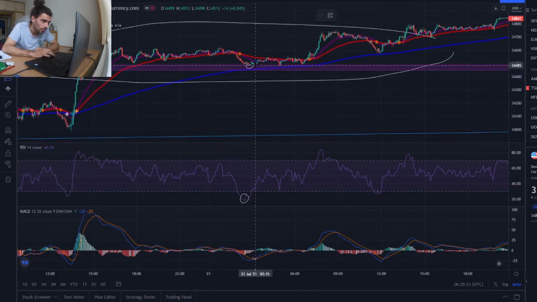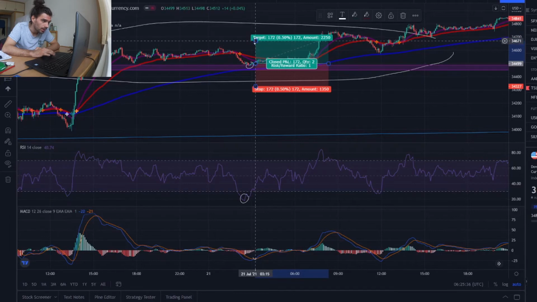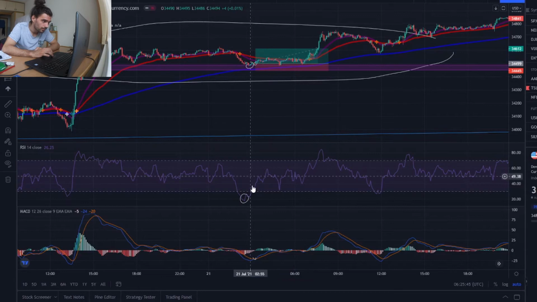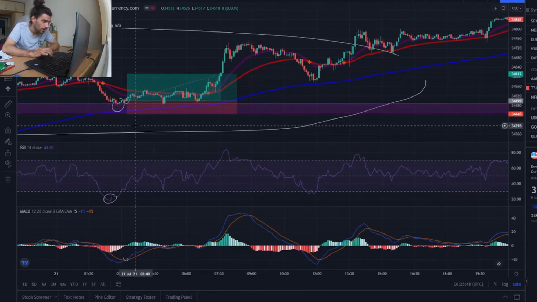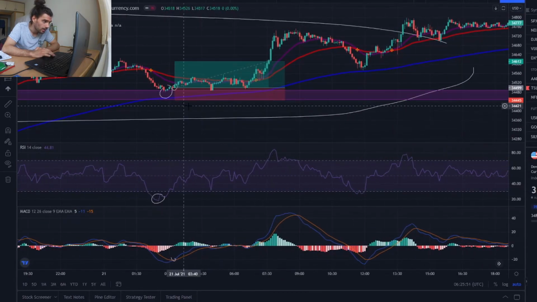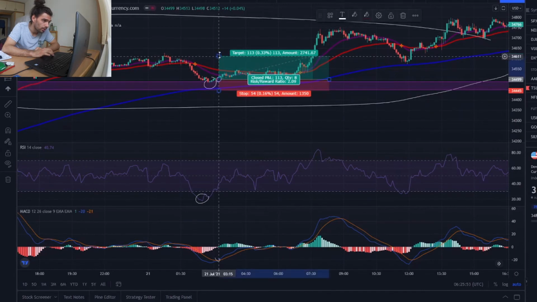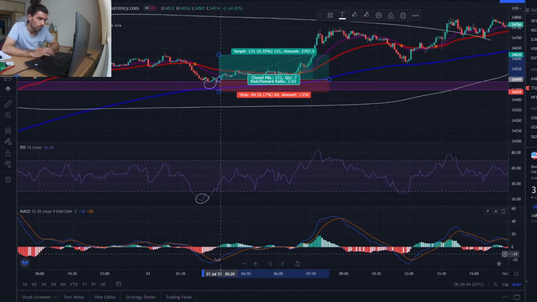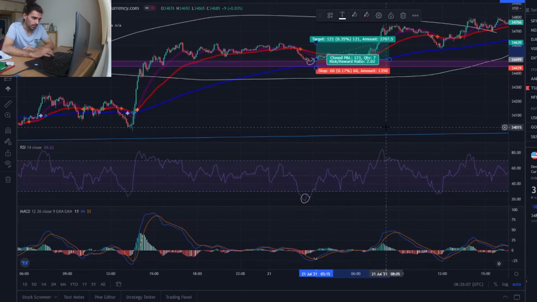The entry point would be here, and the target would be at least 1 to 2, since you want to go for, as a beginner, at least 1 to 2, and we want to at least target the previous highs or go even higher. Well, this is about a 1 to 2 risk reward ratio.